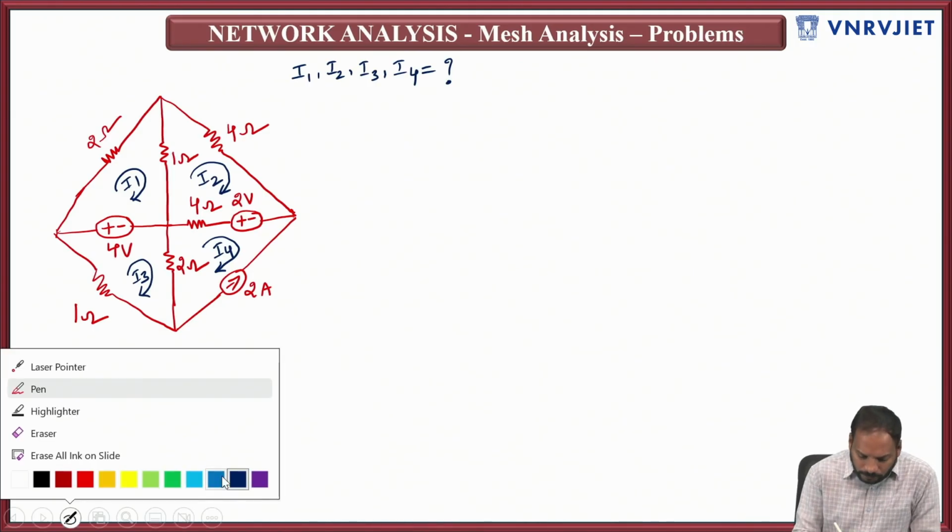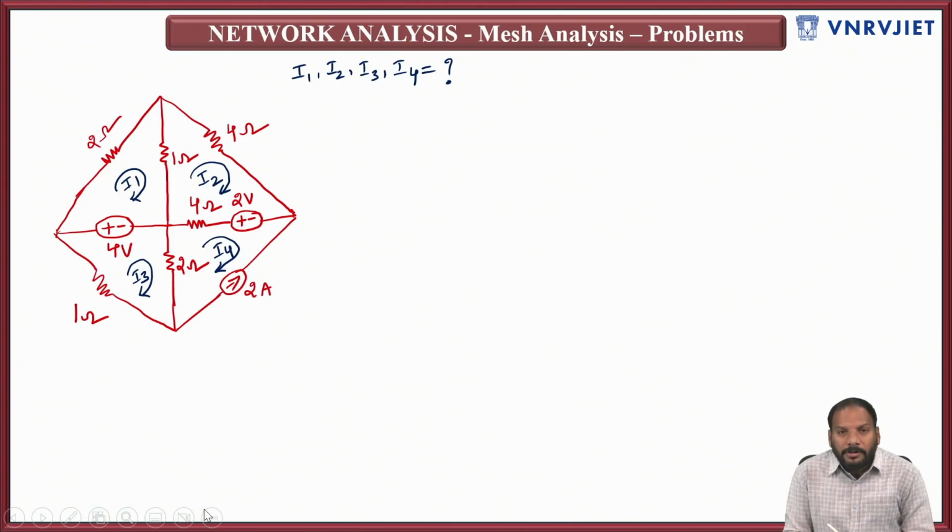Going ahead, on observation, we clearly understand that whenever there is a current source, first you take the advantage of it. That means first you try to keep concentration on that current source, and directly the loop current you can represent in terms of the current source.